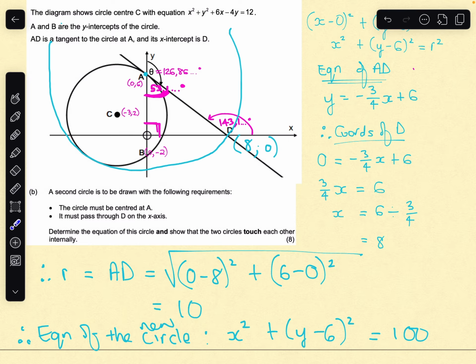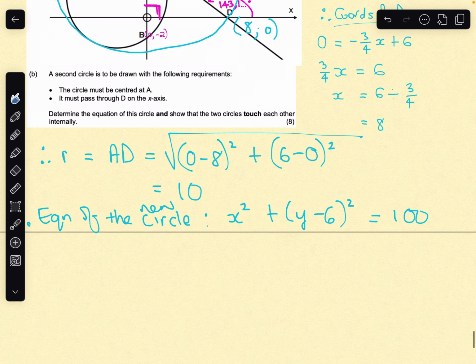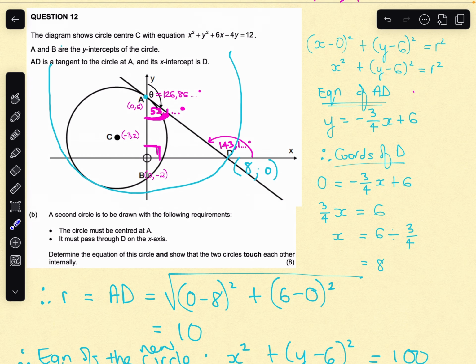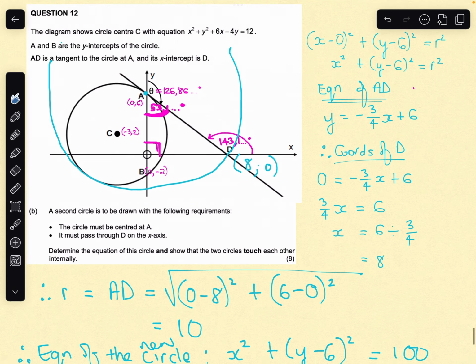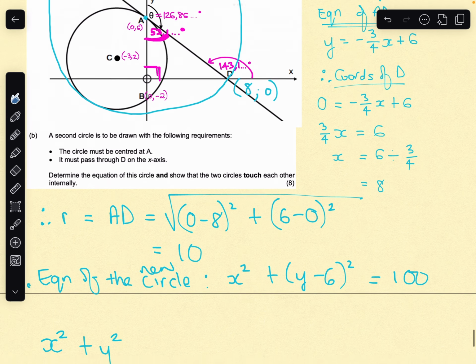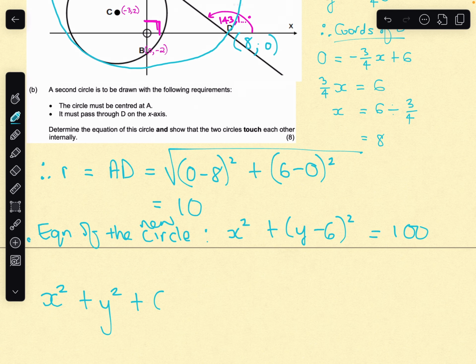So I'm going to do it the very long way and solve simultaneously. So we've got our first equation is this guy: x squared plus y squared plus 6x minus 4y is equal to 12.